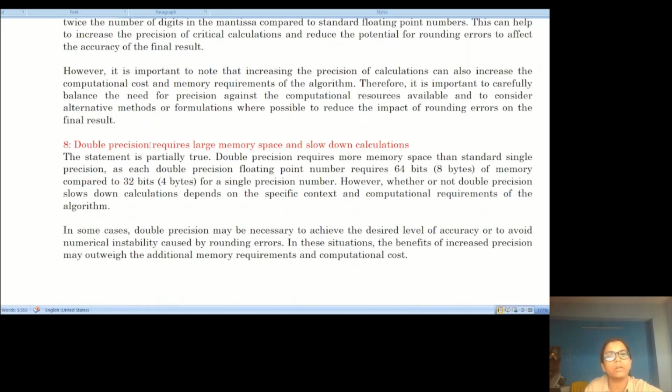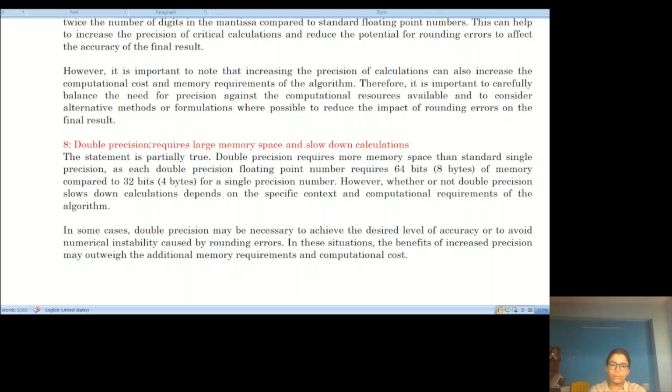And for the eighth question: double precision requires large memory space and slows down calculation. This is partially true, as whenever we consider standard precision and double precision, double precision takes more memory and slower calculation, as it requires more computation. Obviously, to have more accuracy, we have to compute more and use more space.